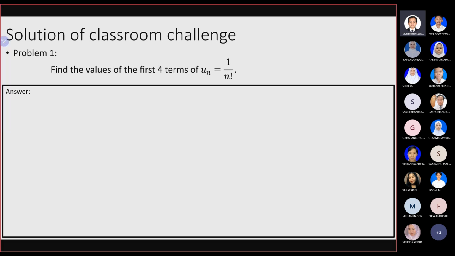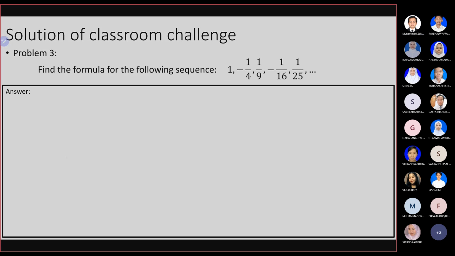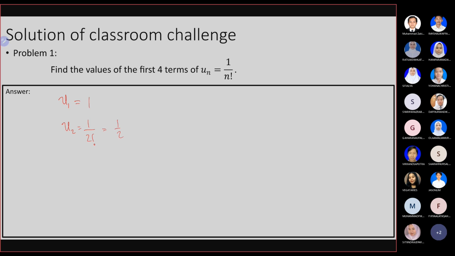The first 4 terms of un: u1 is equal to 1. u2 is equal to 1 over 2 factorial, which is half. u3 is equal to 1 over 3 factorial, which is 1 over 6, and u4 is equal to 1 over 4 factorial, which is equal to 1 over 24.